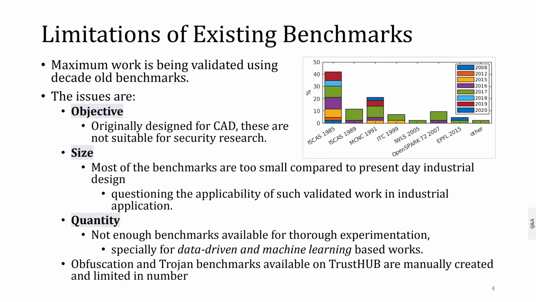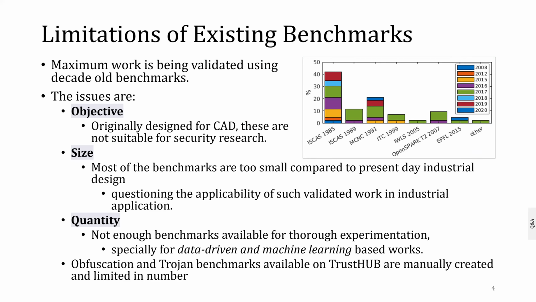And another problem is the quantity. If you look into data-driven analysis like machine learning, it needs millions of samples to be validated. But the benchmarks that we have are merely a few hundred, and they don't actually provide all the samples that are needed. Neither do they provide all the variation that is required to cover all the corner cases in those kinds of data-driven analysis.